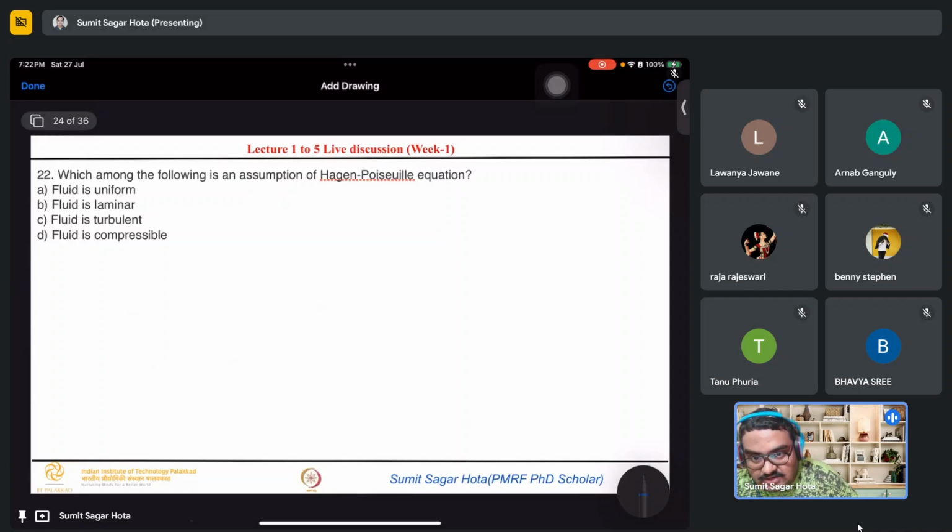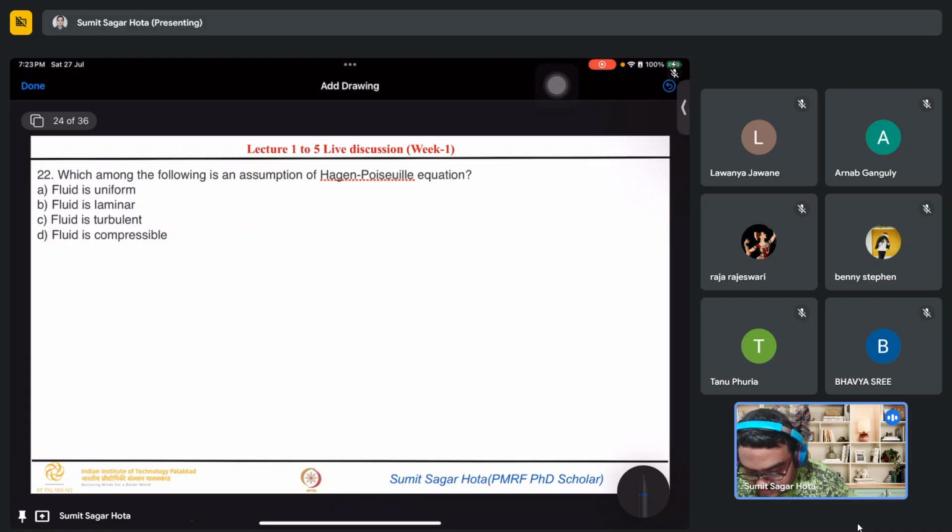Which among the following is an assumption for the Hagen-Poiseuille equation? Okay, if you know what a Hagen-Poiseuille flow is, then obviously this question will be very simple. Hagen-Poiseuille flow is basically a flow for the pipe. Especially this is a laminar, Newtonian fluid based, incompressible flow for a pipe.